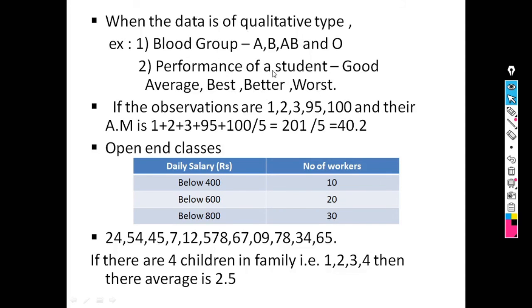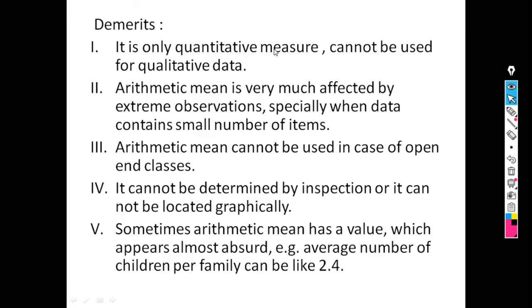So for this type of data we cannot calculate the arithmetic mean, because the general definition of arithmetic mean is sum of all observation divided by total number of observation. So we can't do the sum here. So arithmetic mean cannot be calculated. So this is a drawback of arithmetic mean, that is arithmetic mean is calculated only for the quantitative data, not for the qualitative data.